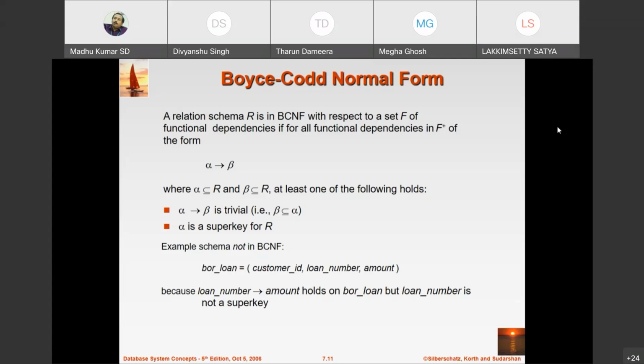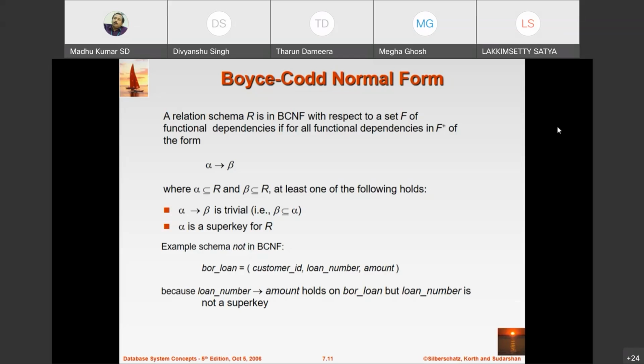So here the point is that if there is a functional dependency of the form X determines Y in a table, then X should be the key of the table. If for every functional dependency of the form X determines Y, X is coming as a key of the relation, then you say the relation is satisfying the condition for BCNF.